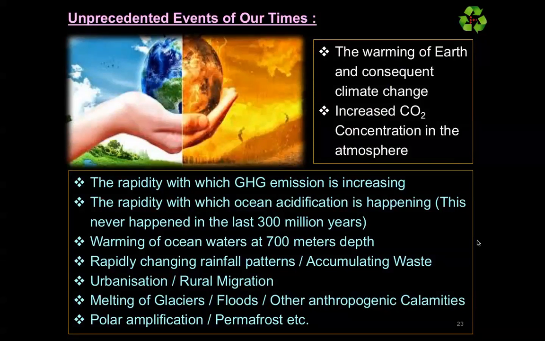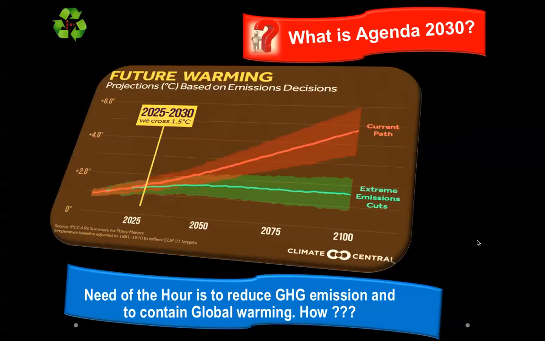Even in the last 9 or 10 months, not only the pandemic, but parallelly, because of climate change, we have seen huge amounts of floods, unprecedented rainfall, change in patterns, the rapidity with which greenhouse gas emission is increasing, melting of glaciers, floods, and other anthropogenic calamities. All these things cause a huge amount of change in the climate and in the patterns.